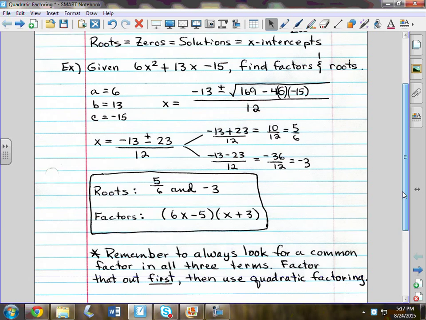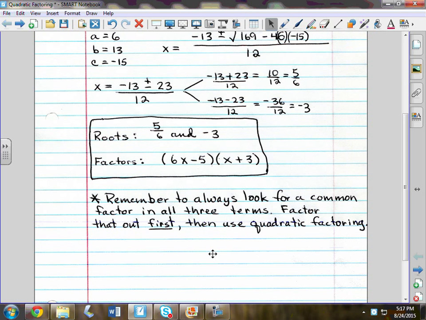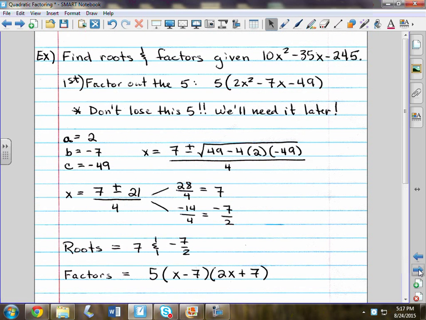The only thing to watch out for is remember to always look for a common factor in all three terms. Look for that first. You'll have to factor that out first, and then you can use the quadratic factoring technique. So let's take a look at one of those to see what I mean. We want to find the roots and the factors, and we're given 10x squared minus 35x minus 245.